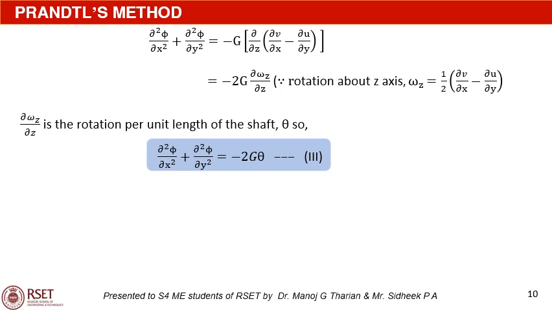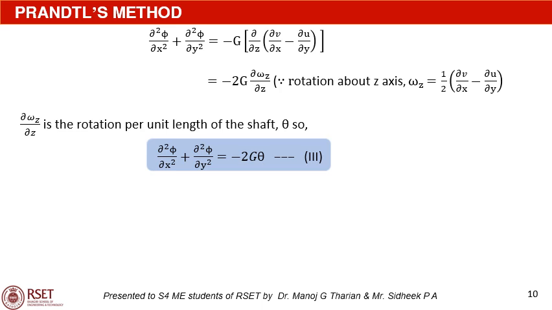While studying the strain displacement equations in module 1, we have studied that the rotation about the z-axis, omega z, is equal to half of (∂v/∂x − ∂u/∂y). So ∂²φ/∂x² + ∂²φ/∂y² = −2G ∂/∂z of omega z.